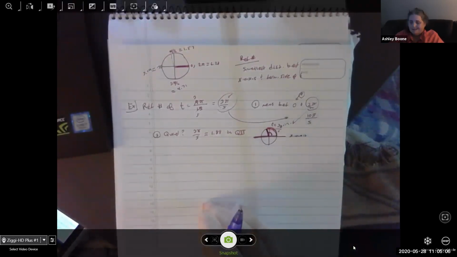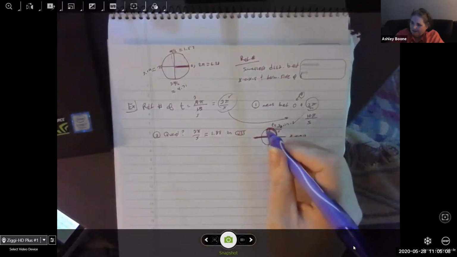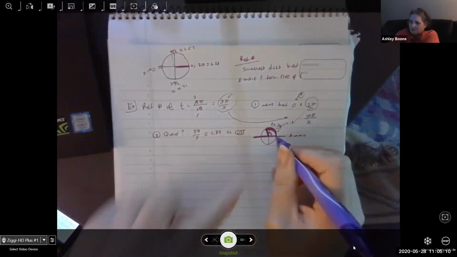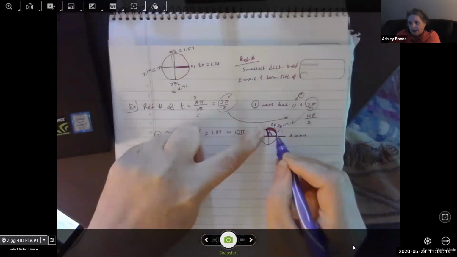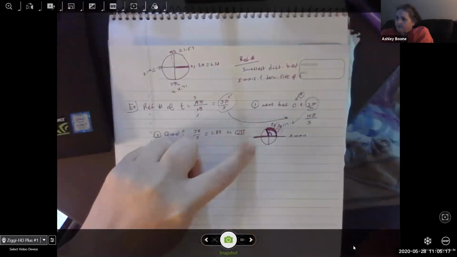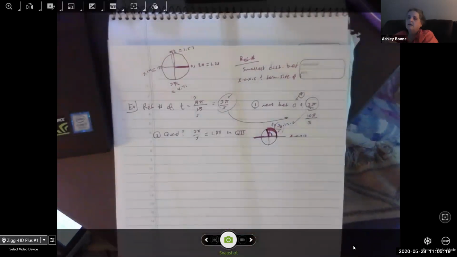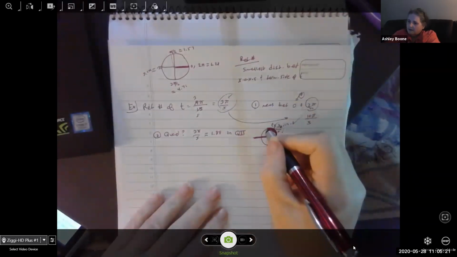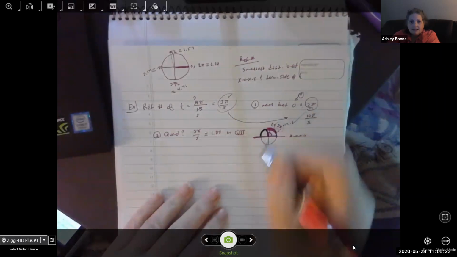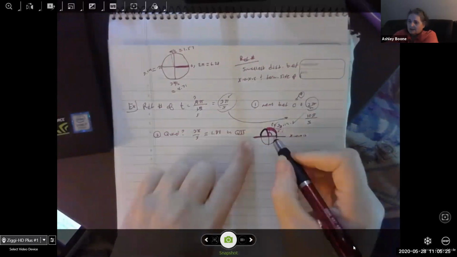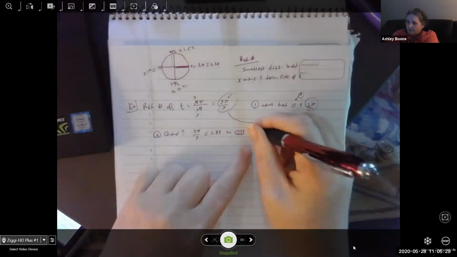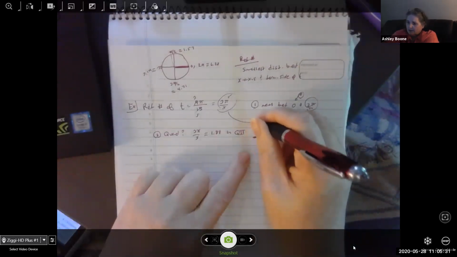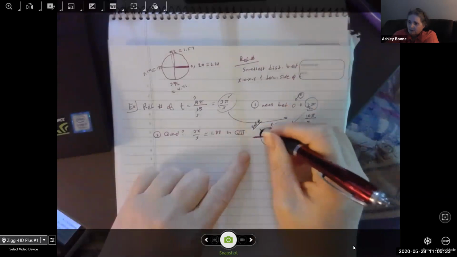We have two options. We have this distance from the terminating side to the x-axis, which is 3 pi over 5. But then we also have this other distance here, which is shorter than this one. So our reference number needs to be this distance right here.